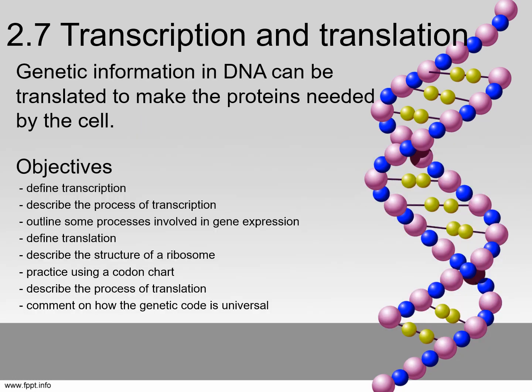So we achieved all of our objectives and we almost did it in under 30 minutes. I'm so proud of us. We defined transcription. We described the process of transcription, that polymerase that is going to use complementary base pairing to add RNAs with phosphodiester covalent bonds in a 5' to 3' direction. We outlined some of those processes involved in gene expression.